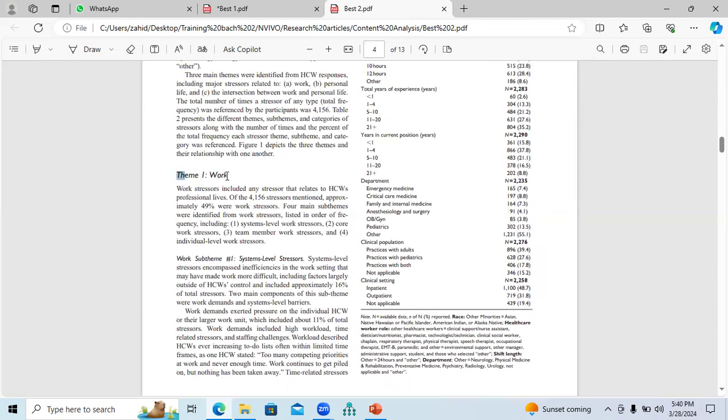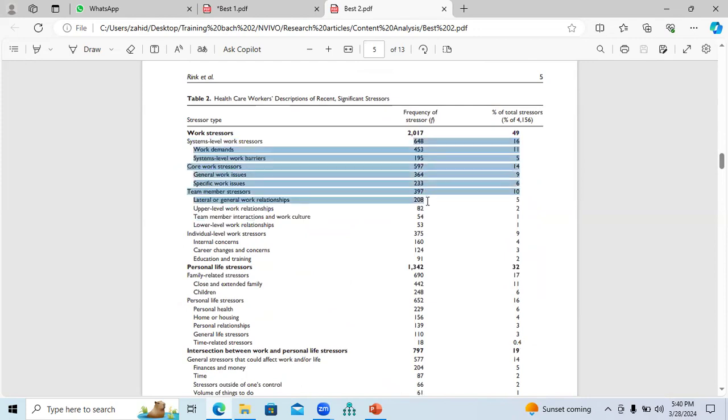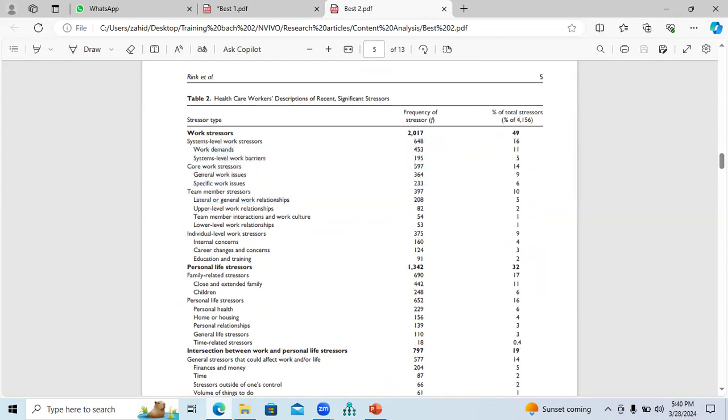Their theme one is work. They have also created some sub themes here.